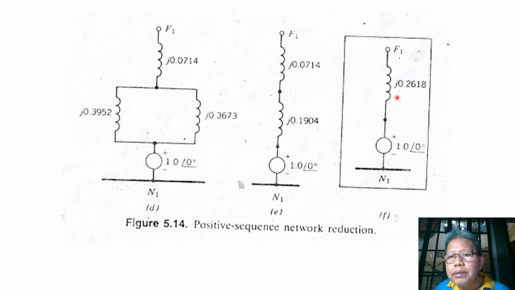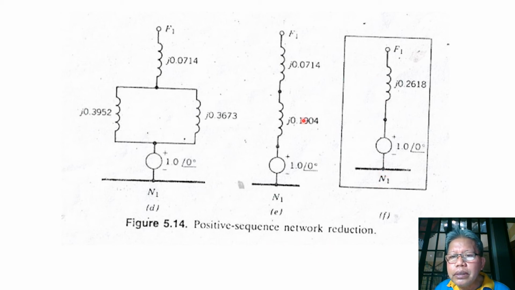So with respect to bus 3, we just call this point F1, because this corresponds to the faulted point F for positive sequence. So this whole thing is now the simplified equivalent circuit for our positive sequence network.